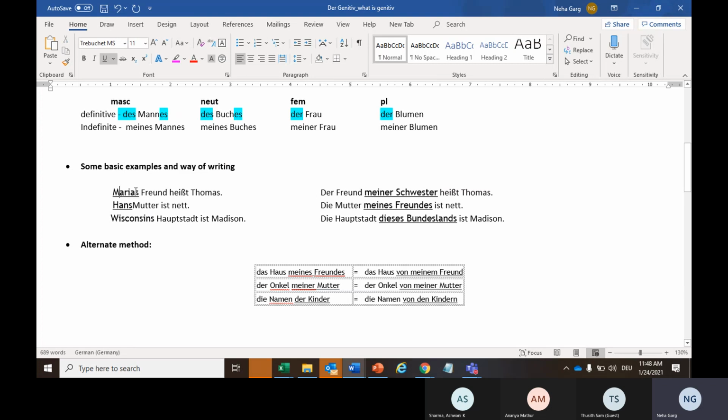So either you write the name and add just s, Marias Freund, because you cannot use articles with the name, or you use the articles. So, der Freund, the friend of my sister. Schwester is die Schwester, also mine plus er. Meiner Schwester heißt Thomas. Then Hans' Mutter.